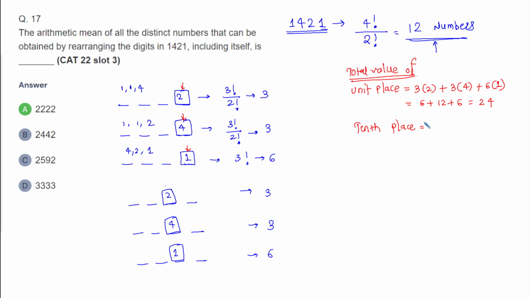So there are 3 numbers in which the value of 2 is 20, 3 numbers in which the value of 4 is 40, and 6 numbers in which the value of 1 is 10. So this addition is 60 plus 120 plus 60, that is equal to 240. Same thing will happen at 100th place as well as 1000th place. So let's talk about 100th place.